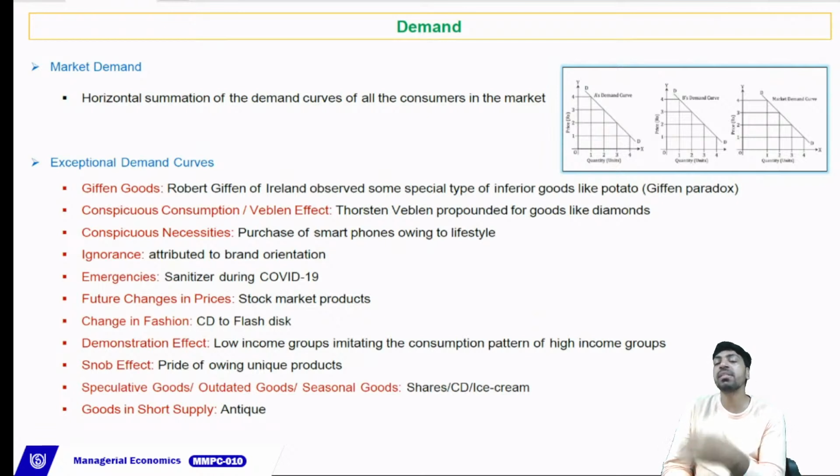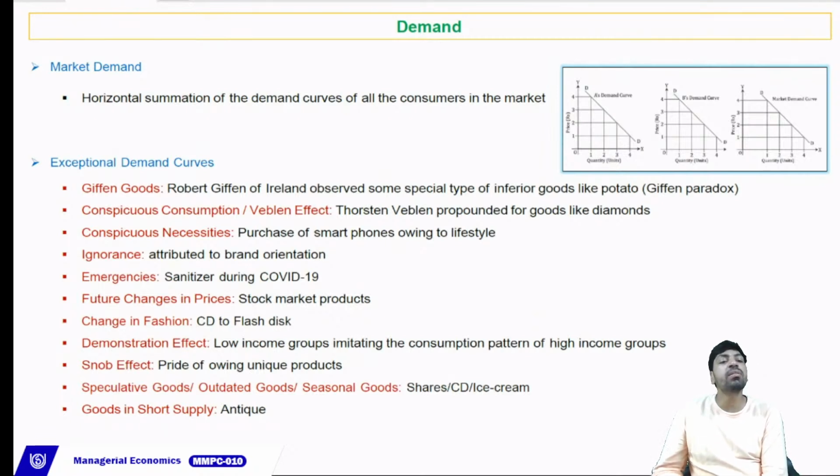We talk about standards of living, the status of goods which are identified by their status, and such a term is called conspicuous consumption and the Veblen effect.